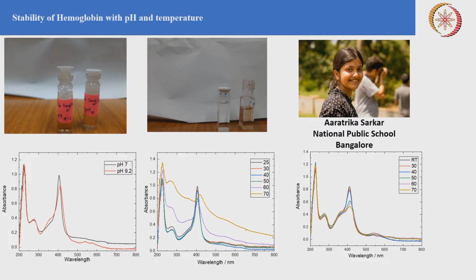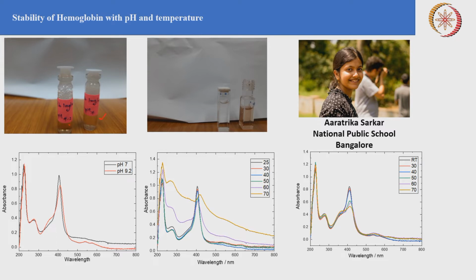Last week I also discussed a protein sample stability. From UV-visible spectra we discussed that we can measure the stability of hemoglobin. This is an experiment by my student Aratrika Sarkar, a 12th standard student. She did a project on protein stability of hemoglobin with pH and temperature.